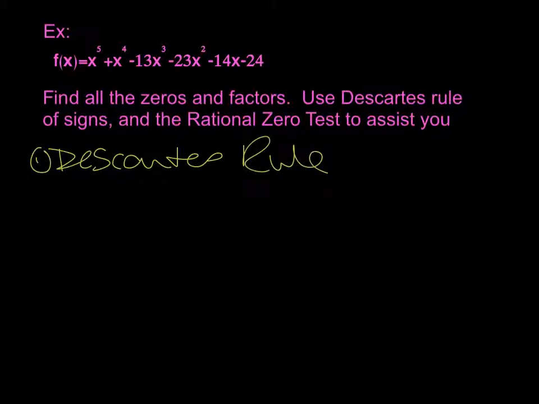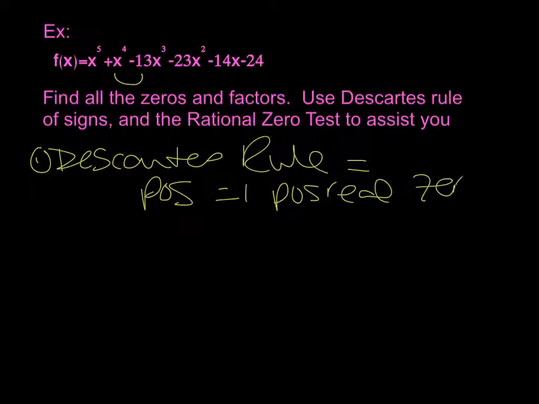That's my first step. So I have one sign change only. So that means for my positive, there's only one positive real zero. For my negative, that's going to be f of negative x.